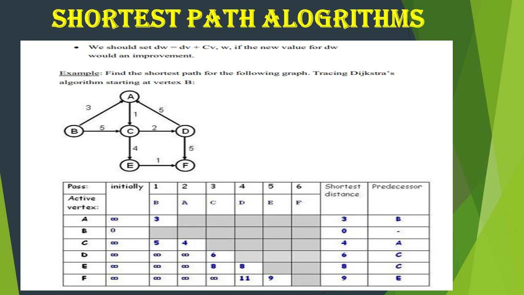The smallest value of E is 8. So 8 plus 1 is equal to 9. So to visit F from B, the cost is 9. This is how we can find the shortest path from a start vertex to all other vertices. The shortest path for each and every vertex is found, and its predecessor, that is the previous vertex, is also specified here. So this is how we calculate the shortest path with the help of Dijkstra's algorithm.